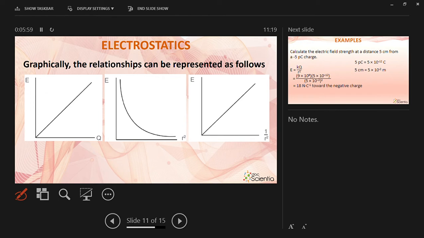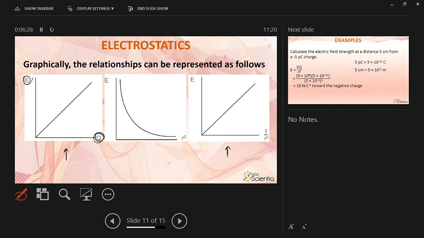En ek gaan eers hierdie ene en daai ene unpack en dan kan ons praat oor die middelstene. This one on the left hand side says, if the charge is bigger, then it means the electric field will be bigger. Maak seker dit maak vir jou sin, dat as ons 'n 1 Coulomb sweer het, en ons het 'n 15 Coulomb sweer, dan gaan die 1 Coulomb sweer nie so sterk veld om hom hê, soos die 15 Coulomb sweer nie.